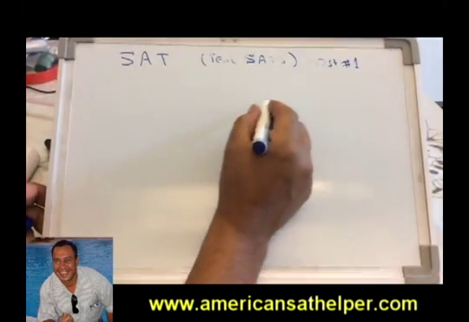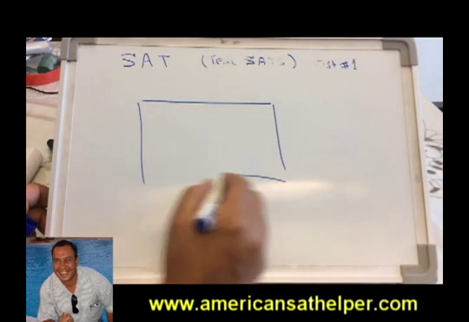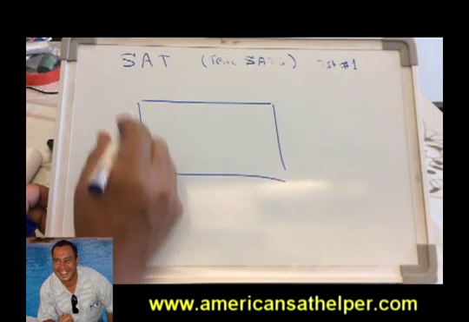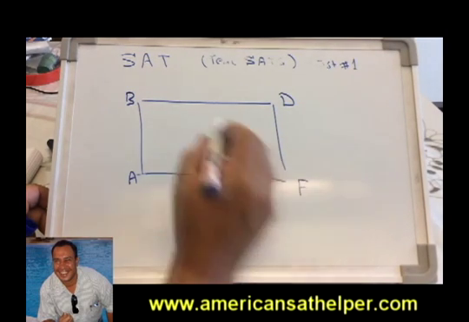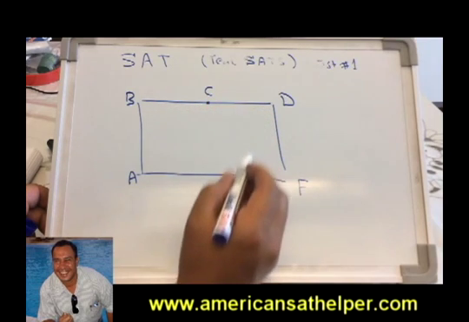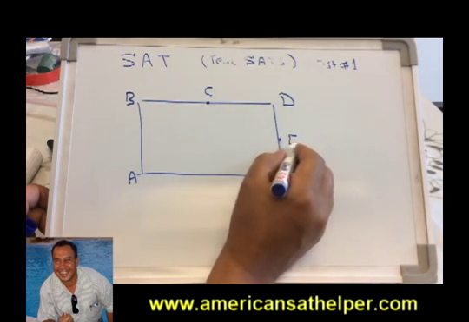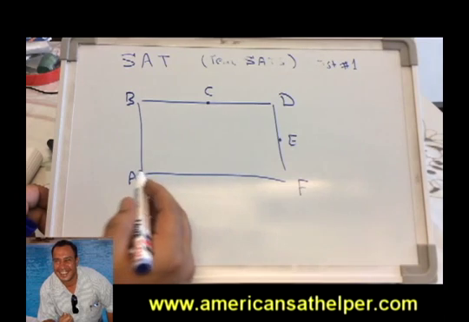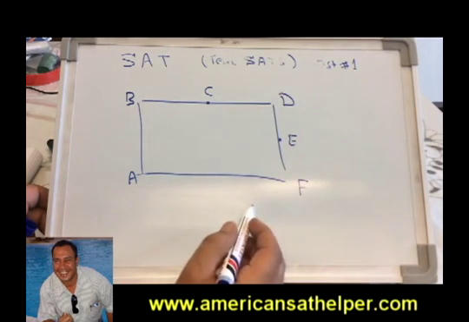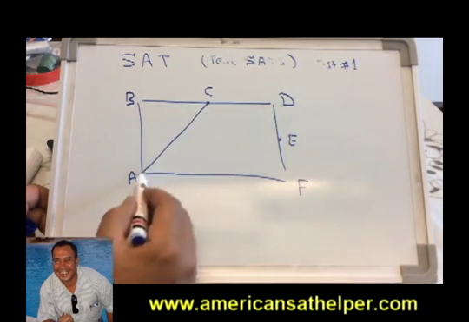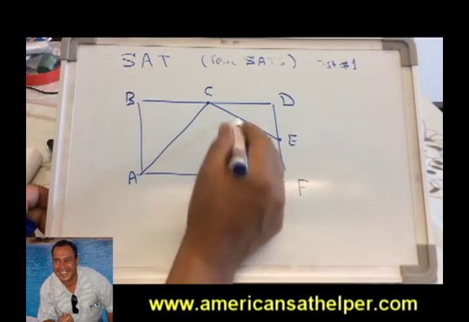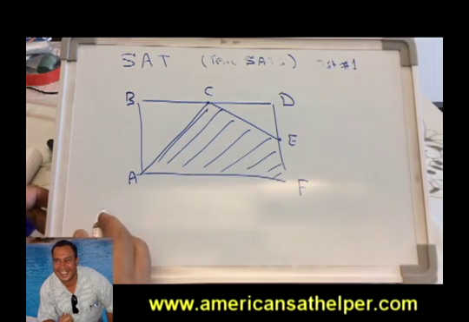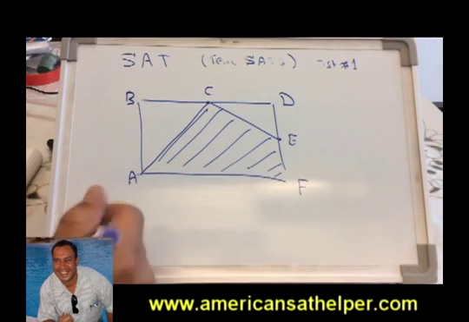We have the rectangle ABDF, and C is a midpoint of BD, and E is a midpoint of DF, and this is the shaded area. The question is, the shaded area is what fraction of rectangle ABDF.